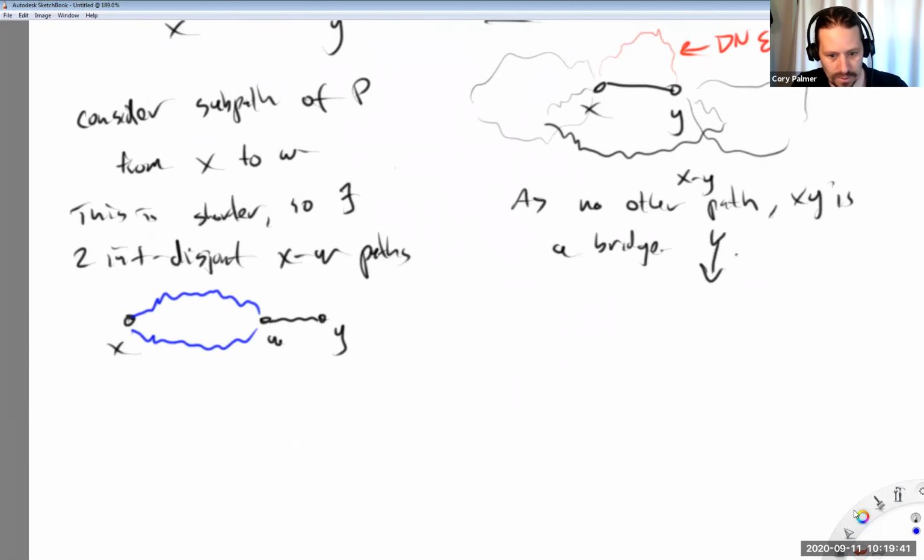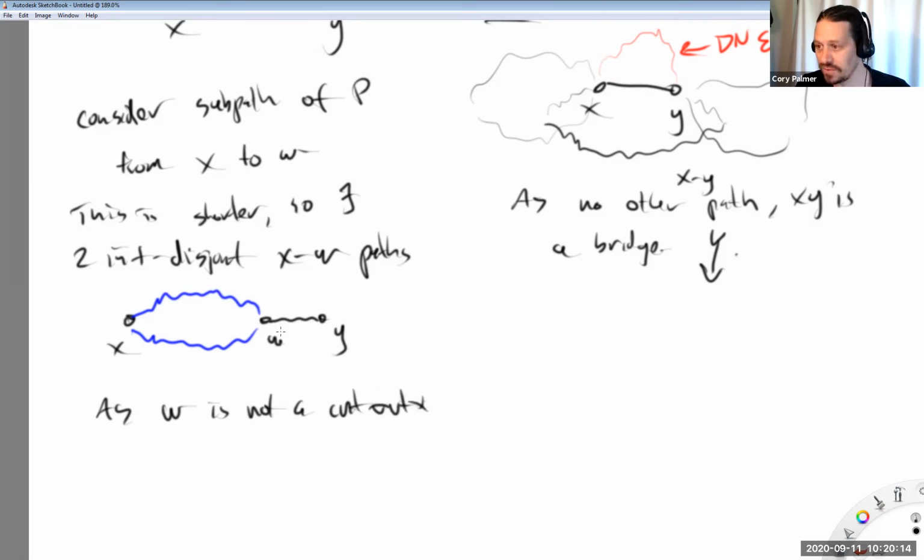Okay, and now we're almost done here. What's the key observation? Now I want to build up 2 paths from X to Y using this diagram somehow. This edge here looks an awful lot like a bridge, but it's not a bridge. More importantly, W here is not a cut vertex.